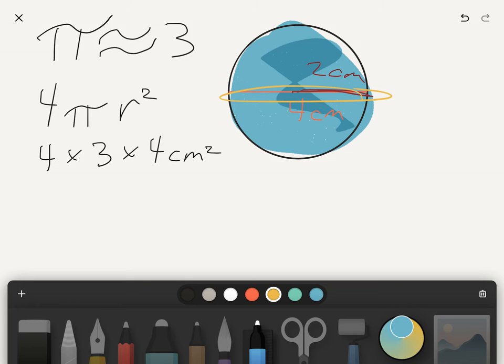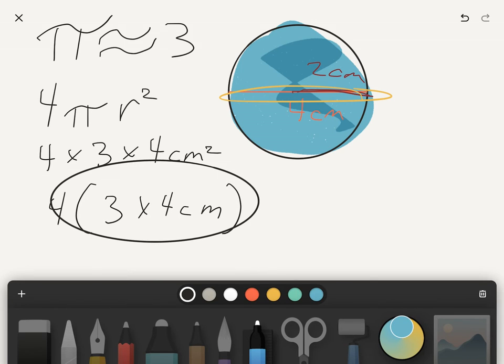So essentially what you can think of this as, the area is 4 times, and then the area of our flat surface here is 12, which is 3 times 4 centimeters.